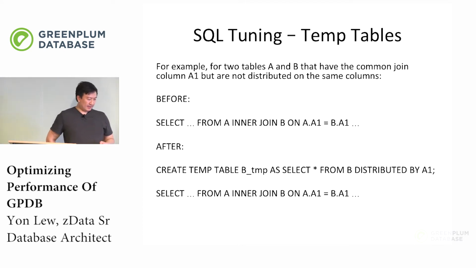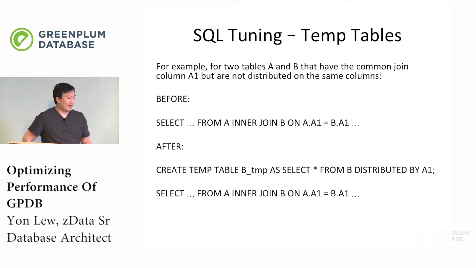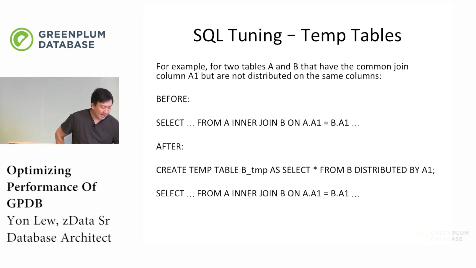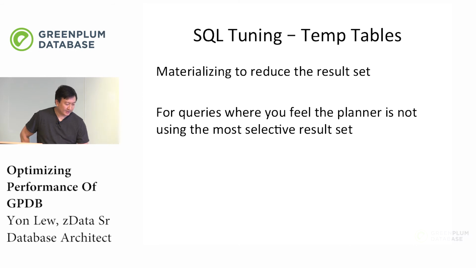So in scenario 1, we just joined them. In scenario 2, we actually create a temp table, B temp, which is table B redistributed on table A's distribution column. So now when we join A to B temp, it's actually co-located. It doesn't need to exchange data over the network, and this can be faster than just doing the straight join.